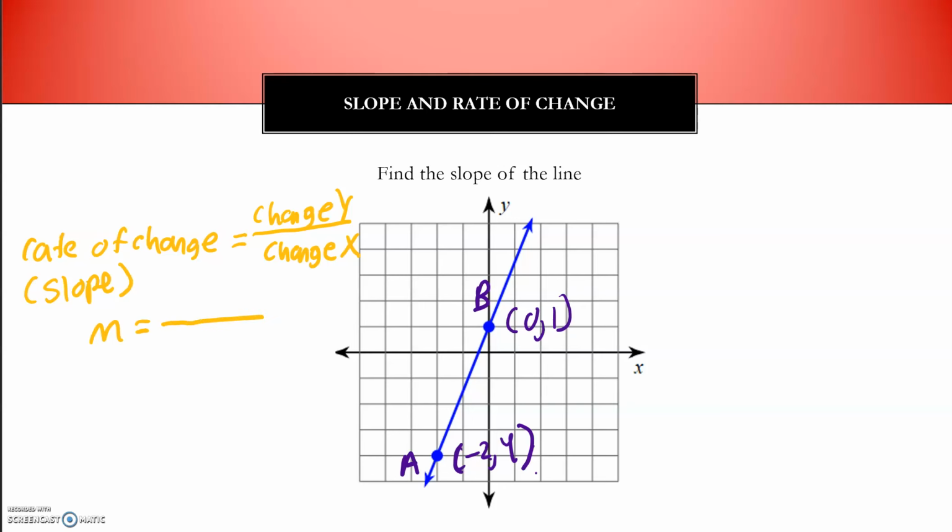So we have to decide how much we went up and how much we went over. I'm actually going to use the same colors from before. So change in y would be blue.